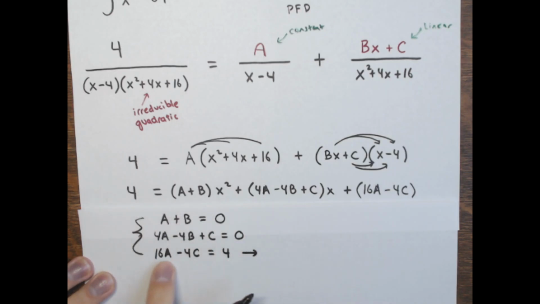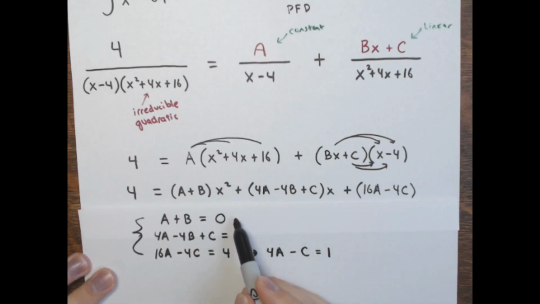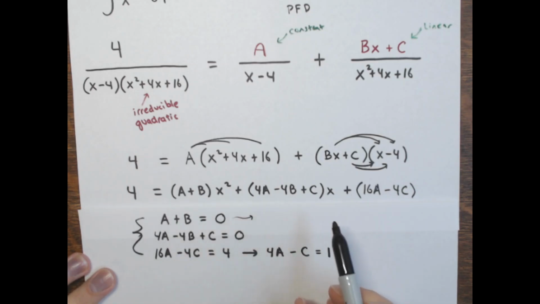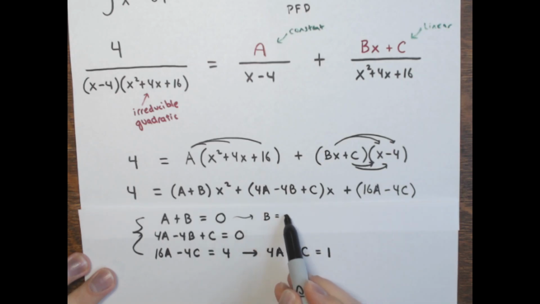Now I notice that all these have coefficients that are multiples of 4, so I'm going to divide everything by 4 here. That's the same thing as 4A minus C must be equal to 1. Now, I could do some substitutions. The first equation tells me that B is the opposite of A. B would be negative A, and then I put that in the second equation.